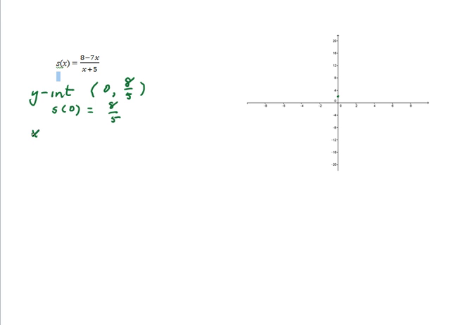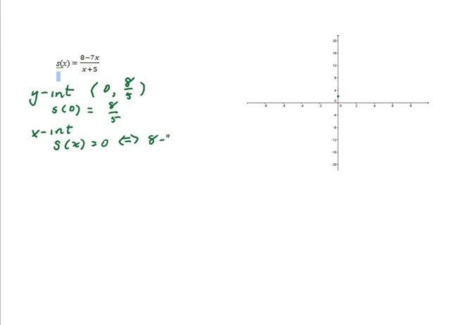The x-intercept requires that we solve s of x equals 0. And we remember that if the rational expression is equal to 0, its numerator would have to be 0.